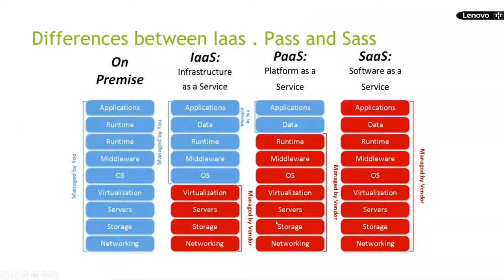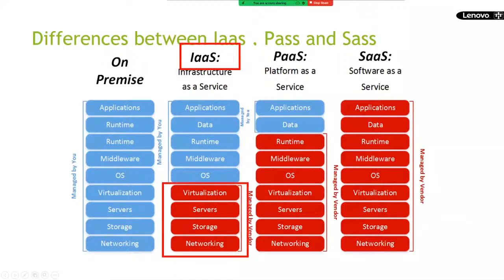Next, when you go for cloud computing, in IaaS they provide only servers. On top of it, what type of operating system is required, you have to decide, either Windows or Linux. On top of it, host your application and install and configure as per your business requirement.